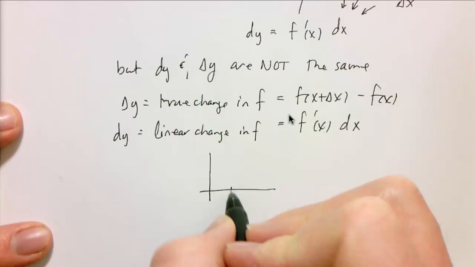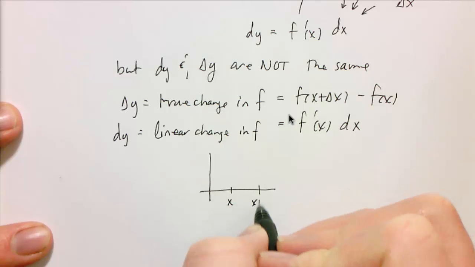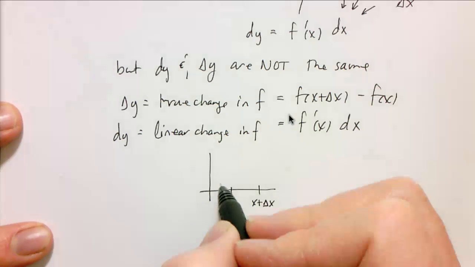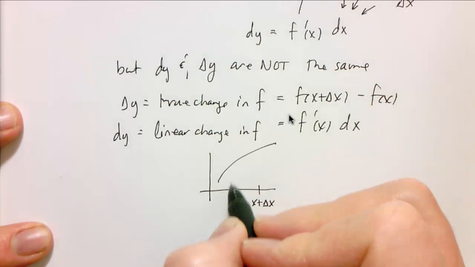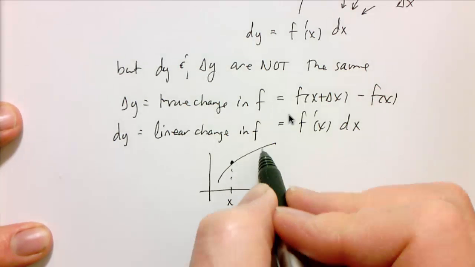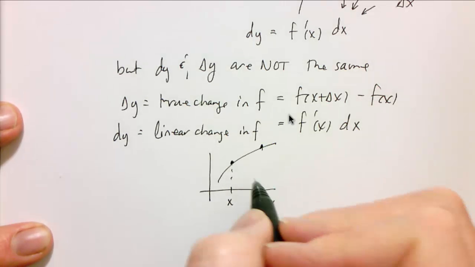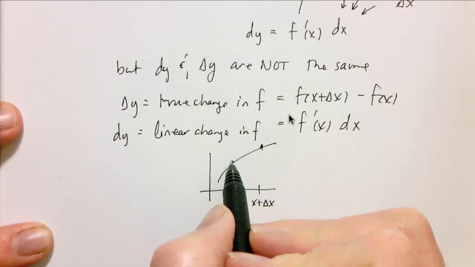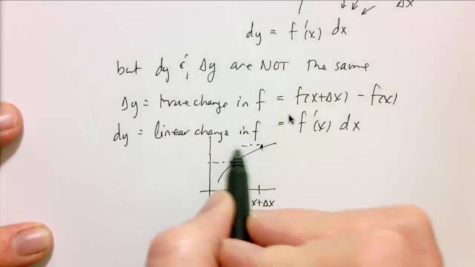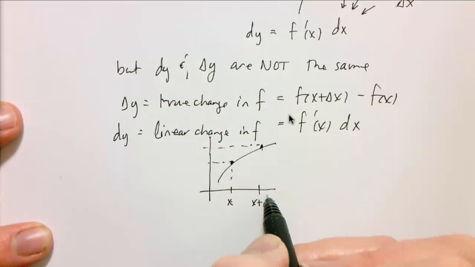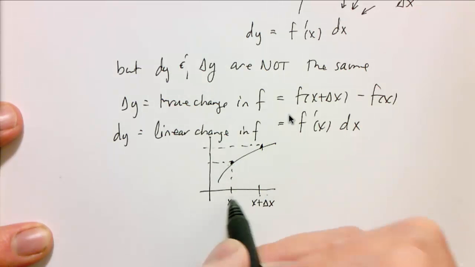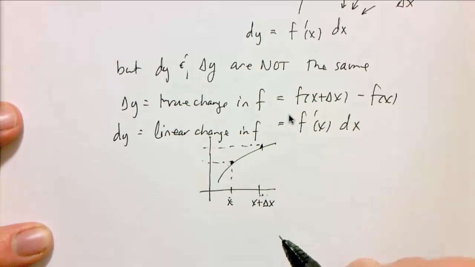So as x changes from x to x plus delta x, we're on our graph here, the true delta y is this distance, okay, which we get by evaluating the function at these two x points and taking the difference.